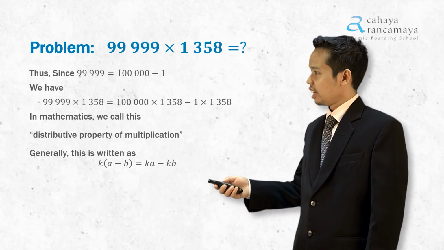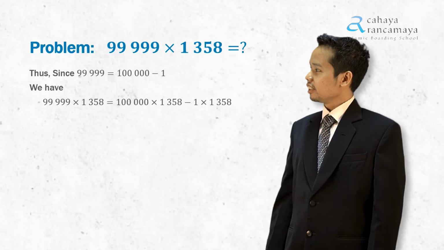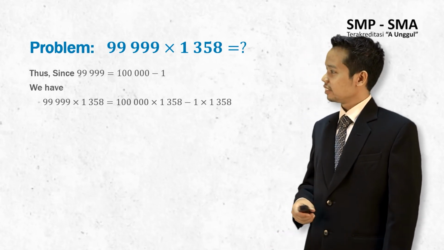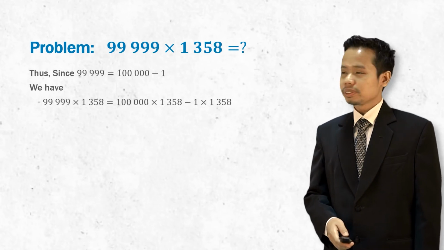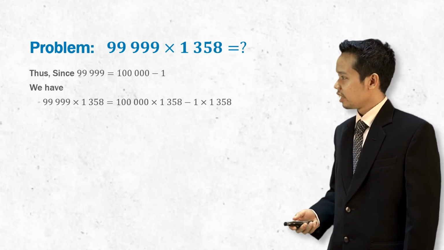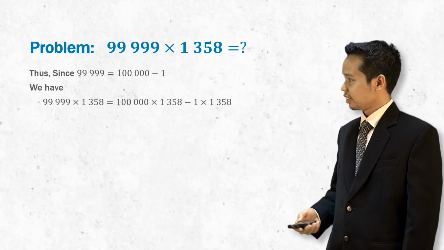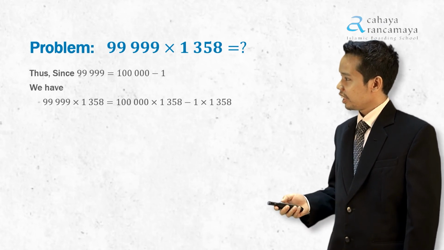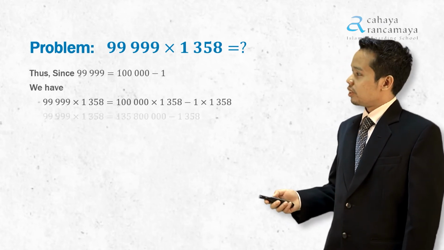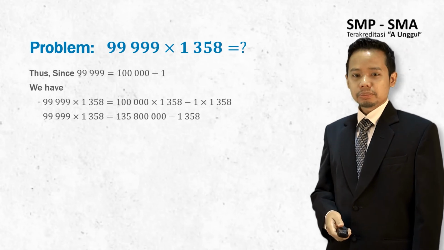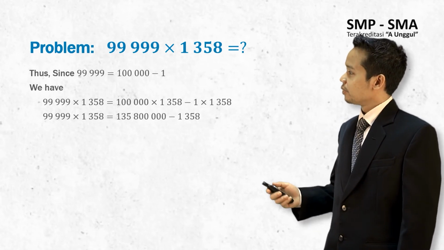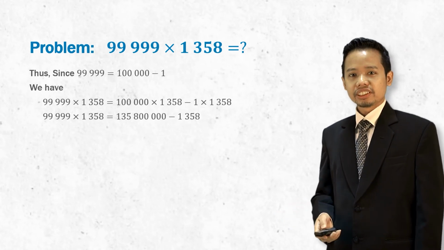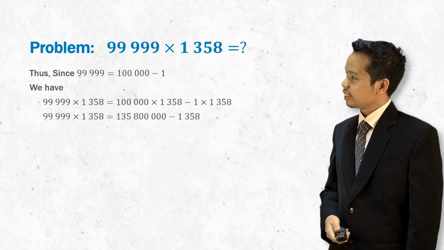Our problem is 99,999 times 1,358 is equal to 100,000 times 1,358 minus 1 times 1,358. 100,000 times 1,358 is equal to 135,800,000, and 1 times 1,358 is equal to 1,358.